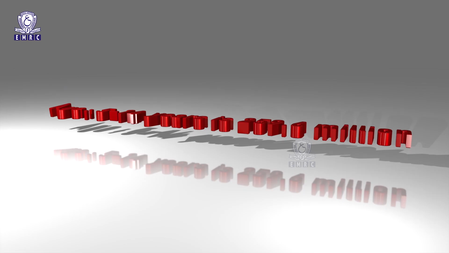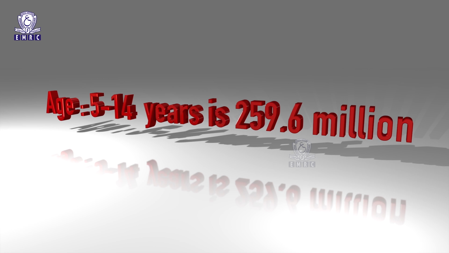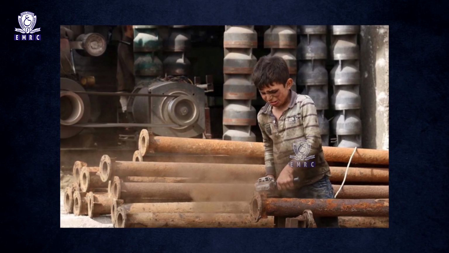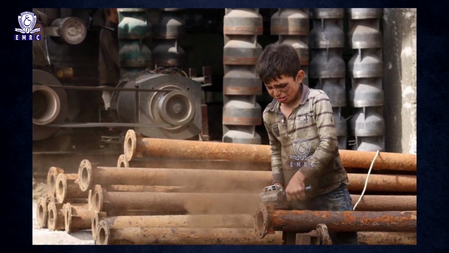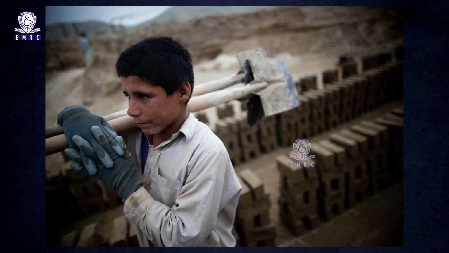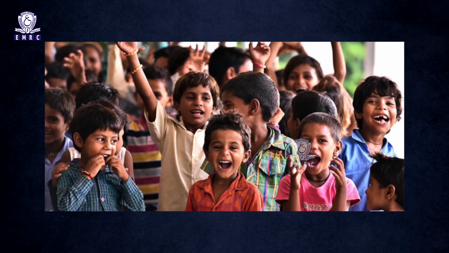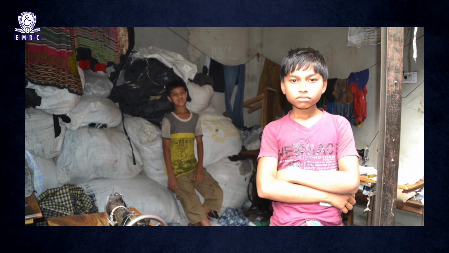As per Census 2011, the total child population in India in the age group of 5 to 14 years is 259.6 million. Of these, 10.1 million, that means 3.9% of the total child population, are working, either as main worker or as marginal worker. In addition, more than 42.7 million children in India are out of school.